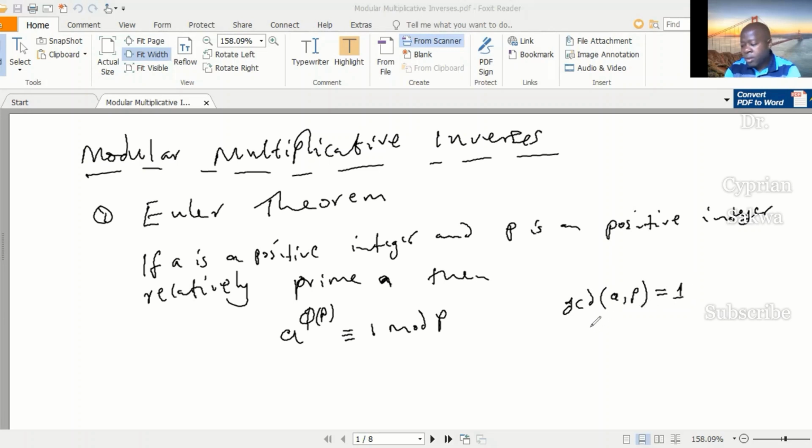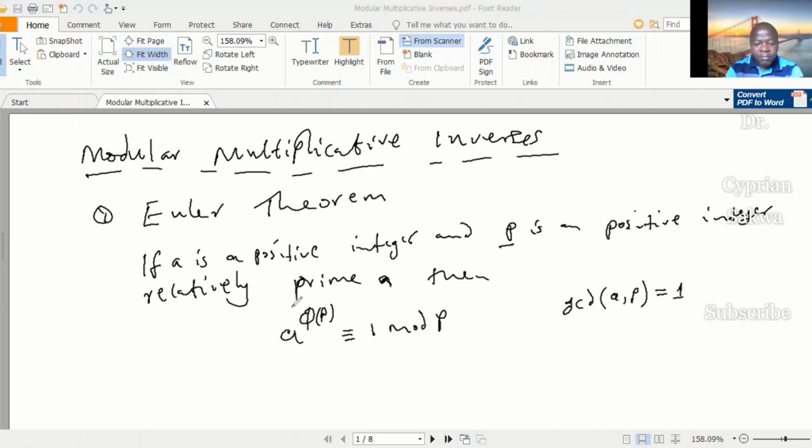That's what I mean by relatively prime. So this is the statement of the Euler theorem. As I said, I was just mentioning what is important in this theorem: the conditions here, that p must be relatively prime to a. And if that happens, then this will be correct.